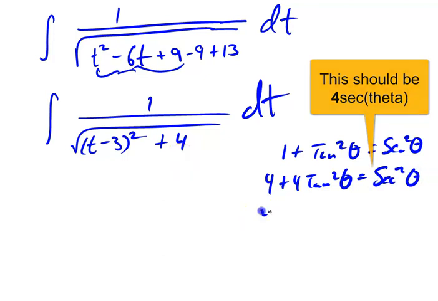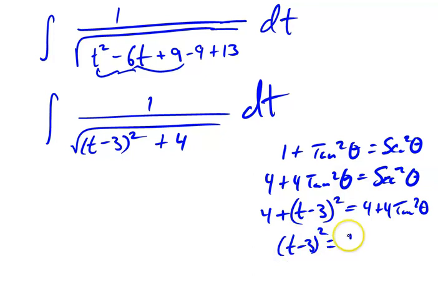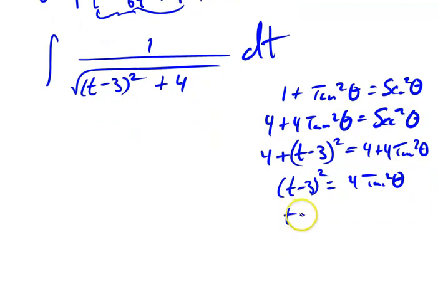What I have is 4 plus t minus 3 squared, and what I want it to equal is 4 plus 4 tangent squared theta. So essentially now I'm going to solve for t. T minus 3 squared is 4 tangent squared theta. Take the square root. T minus 3 has to be 2 tan theta. And t is equal to 3 plus 2 tan theta.